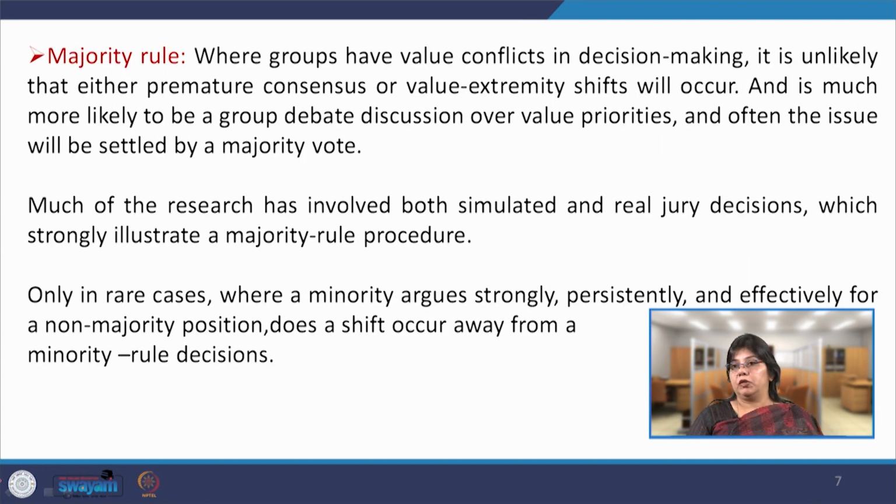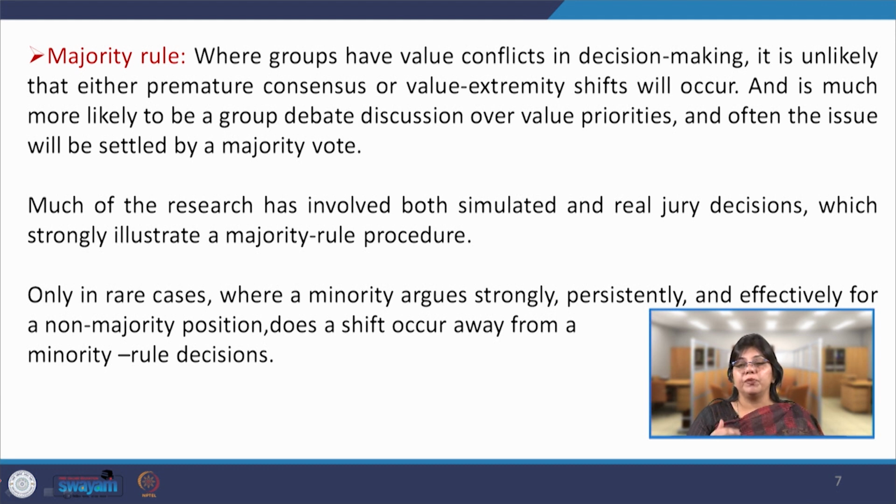The other is majority rule. If conflict of interest does exist in any group related to decision making, it is unlikely that either premature consensus or value extremity shifts will occur, and in such cases, more likely a group debate and discussion over value priorities, and often the issue will be settled by a majority vote.